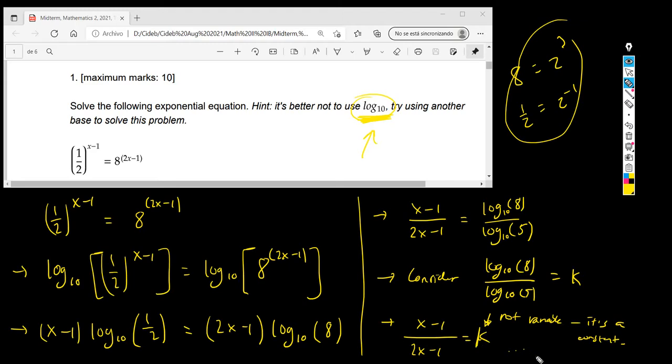And at the very end, when you're done with the algebra, go back and replace k with what it truly is, which is this, and that's it. There should be no complications about this. I hope you understand this.